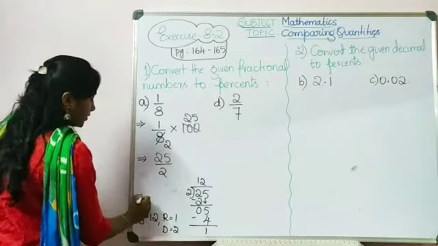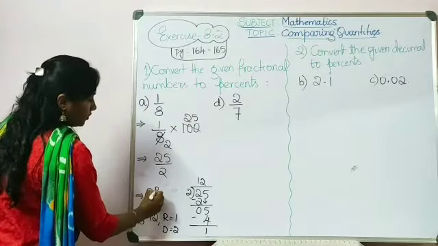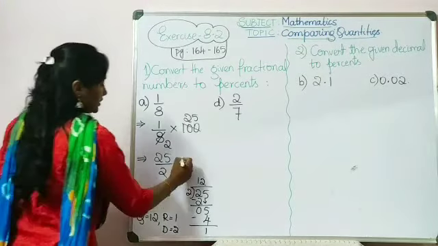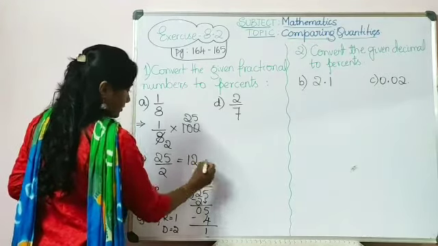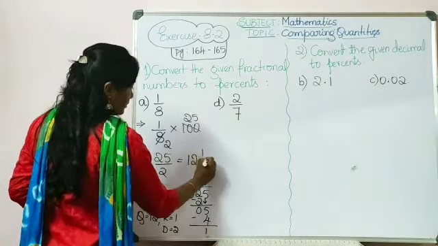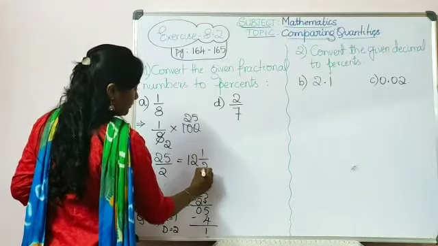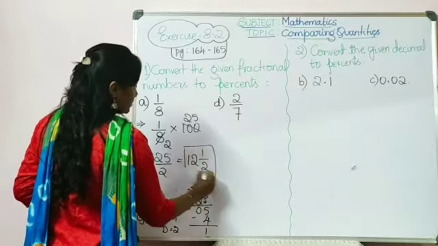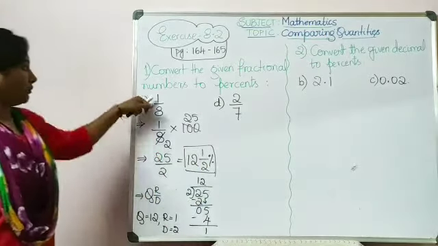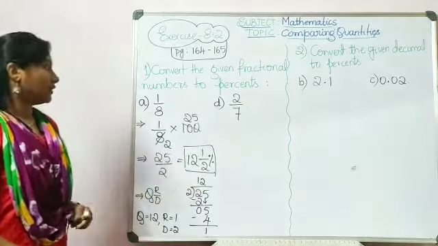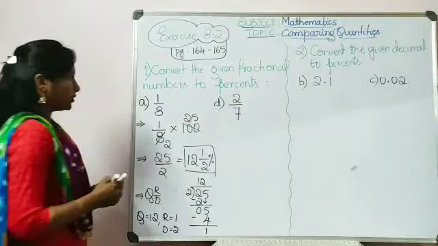We express the mixed fraction in the form Q R by D. So here we got quotient 12, remainder 1, and 2 is the divisor. This is the percentage for 25 by 2. So 1 by 8 gives 12 1 by 2%.